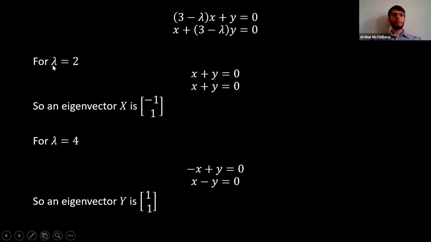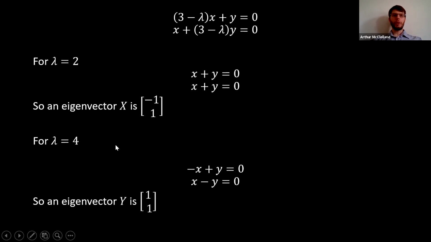If we plug these back in, for lambda equals 2, 3 minus 2 is 1. We end up with x plus y equals 0, x plus y equals 0. And so a possible eigenvector would be (-1, 1), and that would satisfy this eigenvalue.